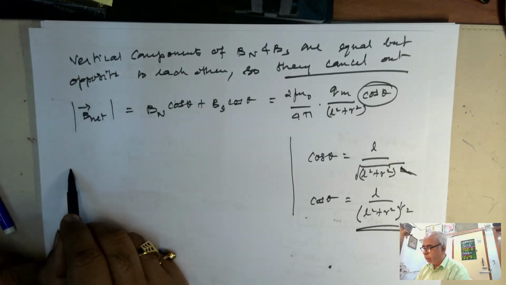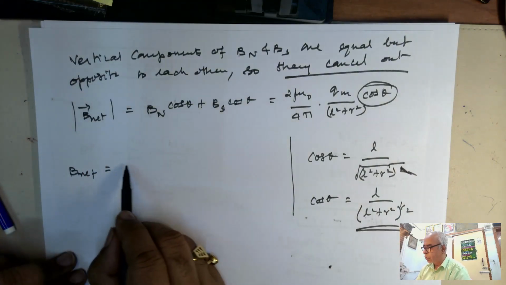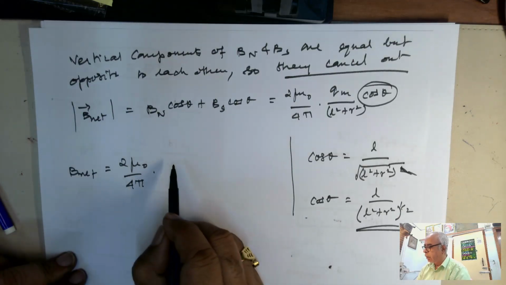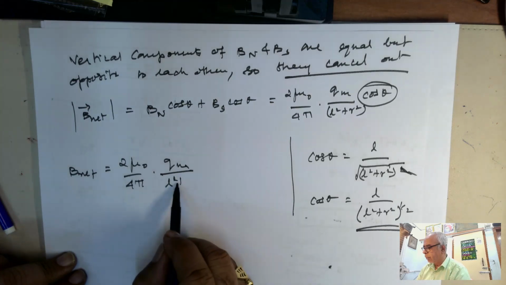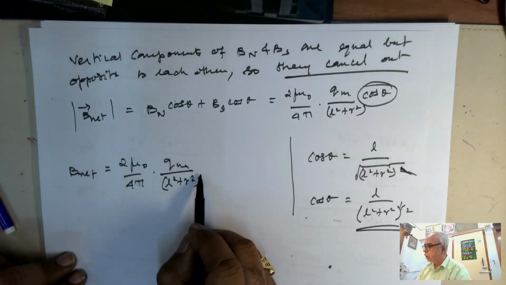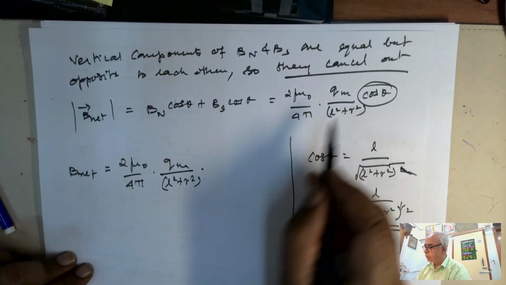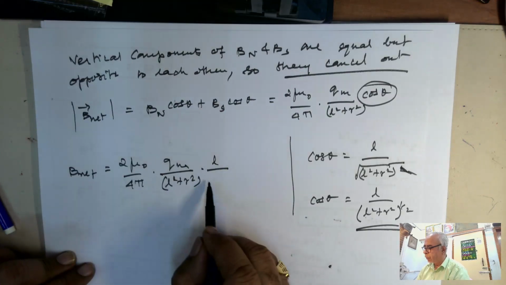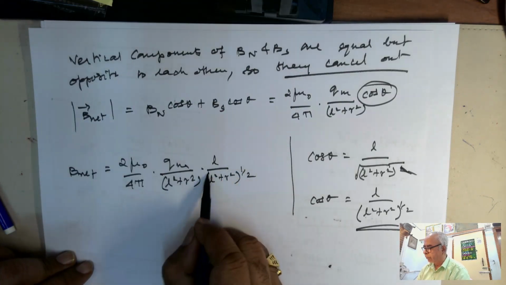Now we can replace this cos theta by this value. Therefore, B net is equal to 2 mu naught divided by 4 pi into Qm divided by L squared plus R squared, L squared plus R squared, and then into cos theta, that is L divided by L squared plus R squared whole power 1 by 2.